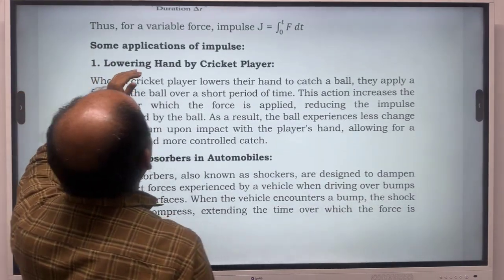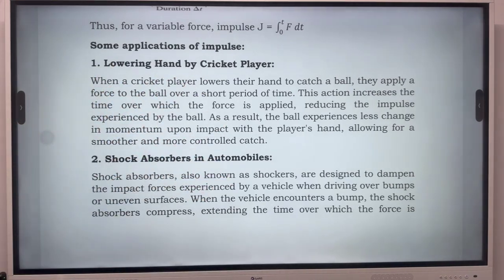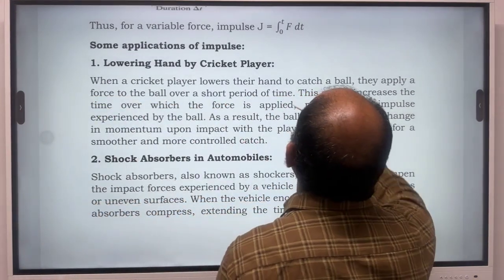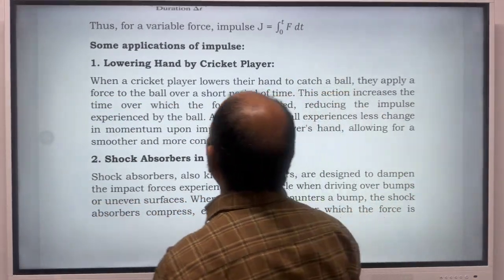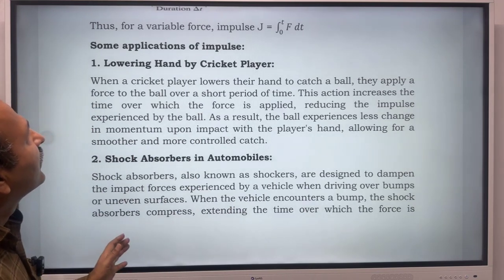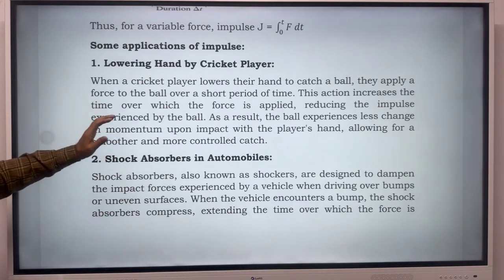Now we can see some applications of impulse, like lowering the hand by a cricket player. You must have seen, to increase the time, because F into t will be impulse. When he lowers the hand, time will be increased, thereby the net force acting on his hand, meaning the net blow, will be reduced by a certain factor.